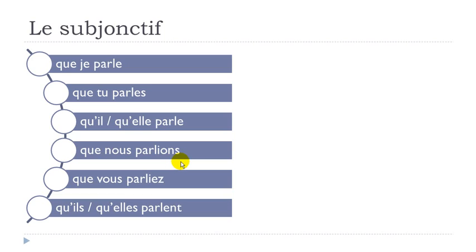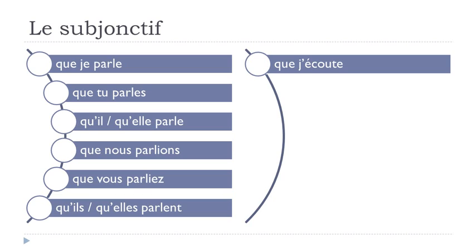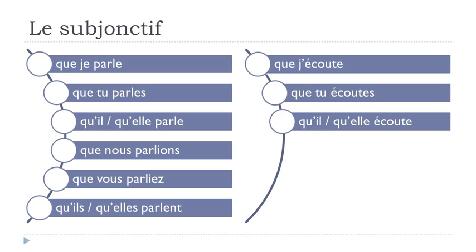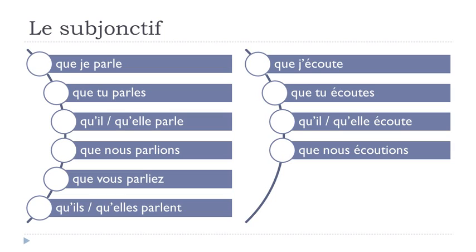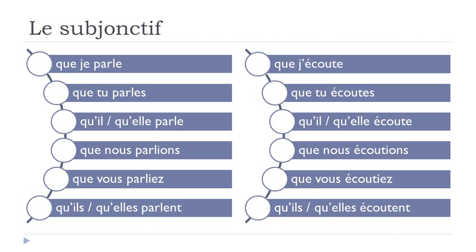All right? So normally, and that's the thing, if you watched all the videos, especially the video concerning the present tense and the imparfait, well, you know this subjunctive form already. Let's take a second verb. Que j'écoute, que tu écoutes, qu'il écoute, qu'elle écoute, que nous écoutions, que vous écoutiez, qu'ils écoutent, qu'elles écoutent.